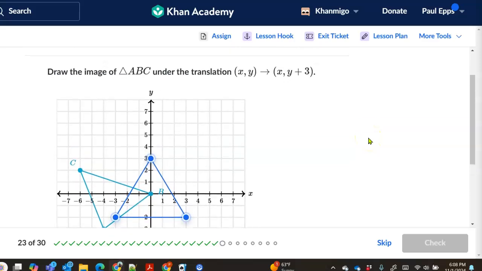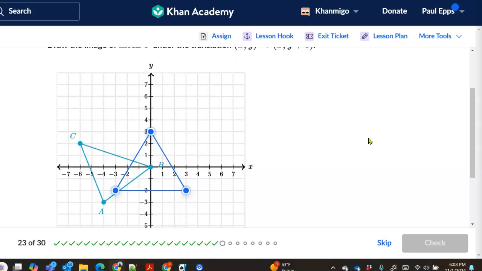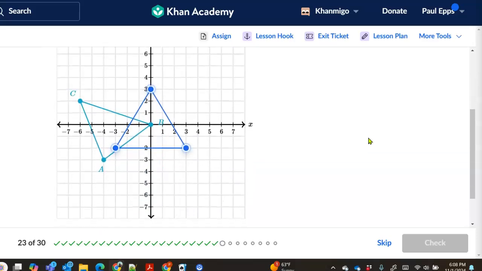Draw the image of ABC under the translation (x, y) goes to (x, y plus 3). All right. So x is the same, but we have y plus 3. So there's C. Yeah, this would be okay.